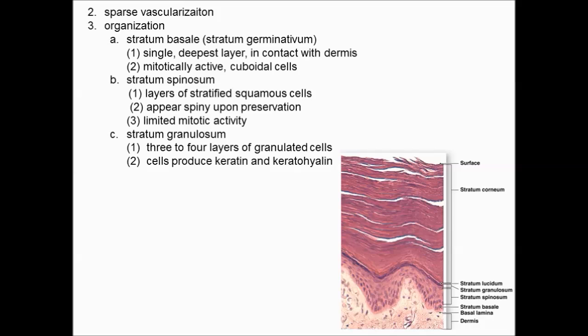And keratohyalin is just another form of keratin. These granulosa cells produce this. It's stored in these granules, and then the granules exocytose or release this product out into the extracellular space, and it coats the cells around them.